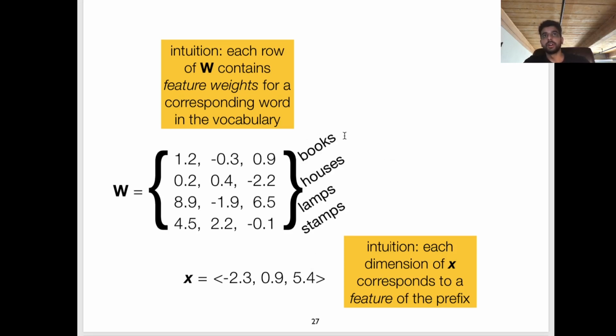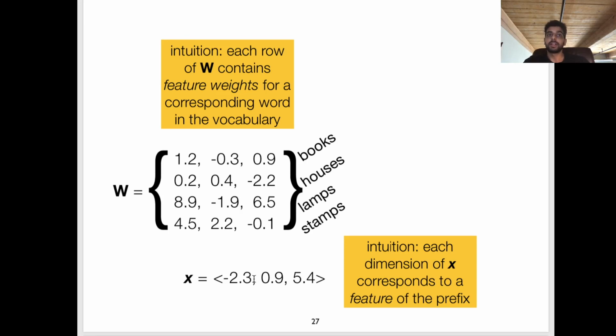So this row corresponds to books, this row corresponds to houses, this one to lamps, and this one to stamps. And you can interpret, I guess I can't highlight just a single cell here, but this 1.2, this 0.2, 8.9, 4.5, these are the weights of the first dimension of the prefix representation for each of the words in the output vocabulary.